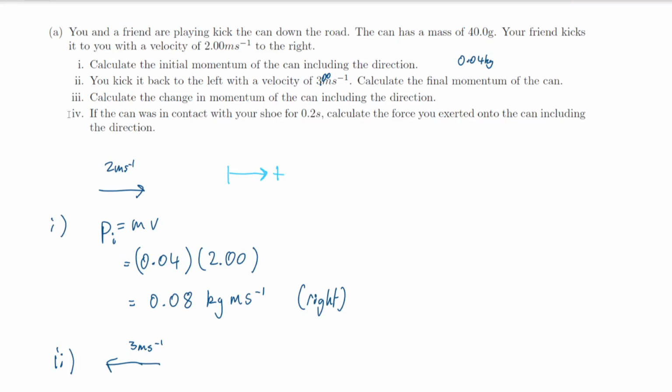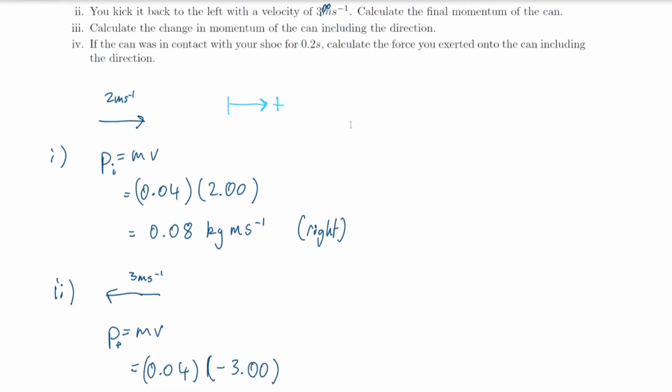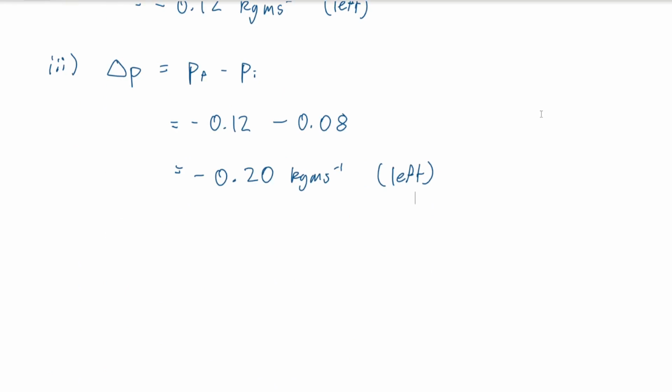And finally, part 4, if the can was in contact with your shoe for 0.2 seconds, right, as you kicked it, calculate the force you exerted onto the can, including its direction. So we worked out the change in momentum. That's above.